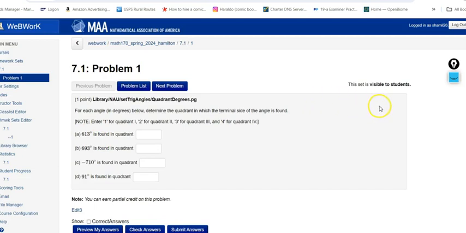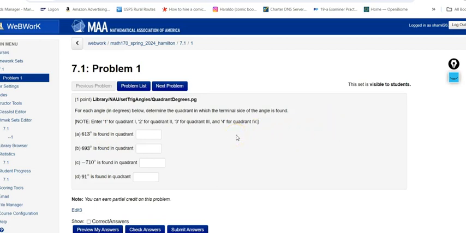Well, 2 revolutions is going to be 360 degrees times 2, so 2 revolutions would be 720. So you don't quite go past 2 full revolutions. So you're going to have to break it down in terms of 90 degrees of where you're going to be at.